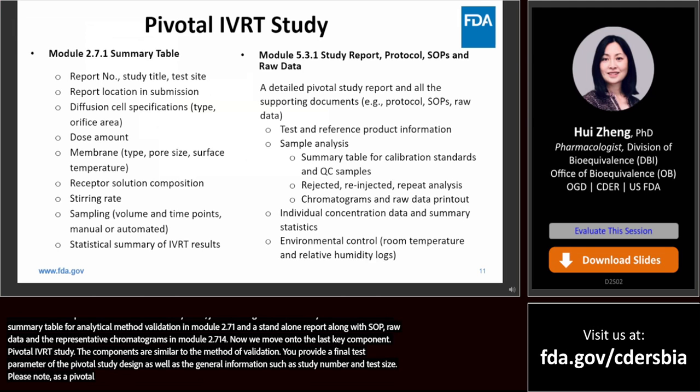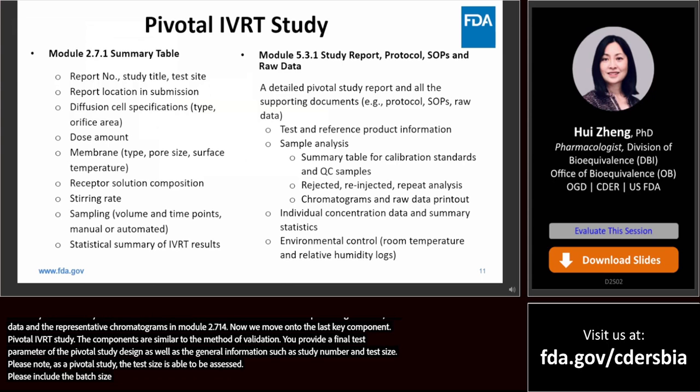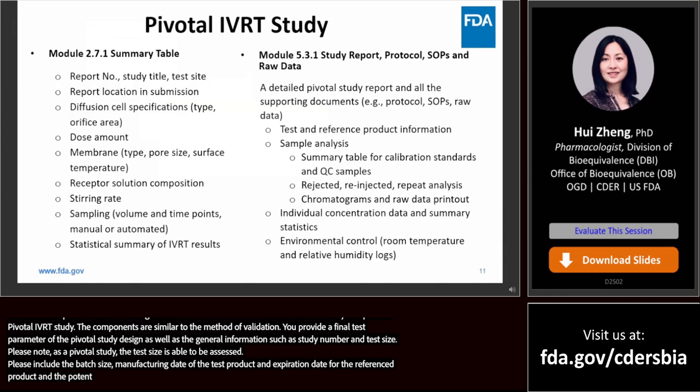In the report of the pivotal IVRT study, please make sure you include the test and the reference product information, such as the batch size, the manufacturing date of the test product, and expiration date for the reference product, and the potency for both batches.